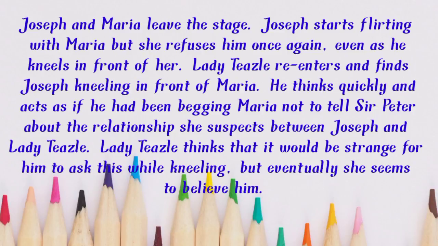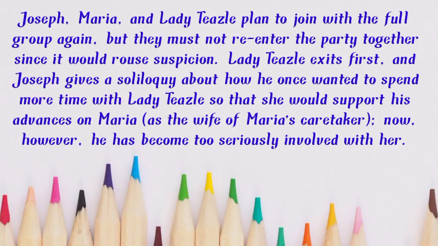Lady Teazle thinks that it would be strange for him to ask this while kneeling, but eventually she seems to believe him. Joseph, Maria, and Lady Teazle plan to join the full group again, but they must not re-enter the party together since it would arouse some suspicion.